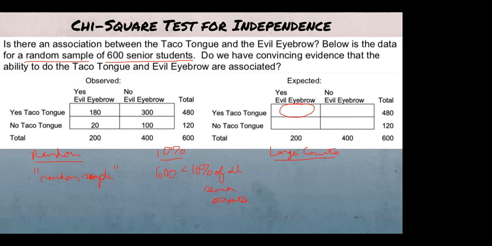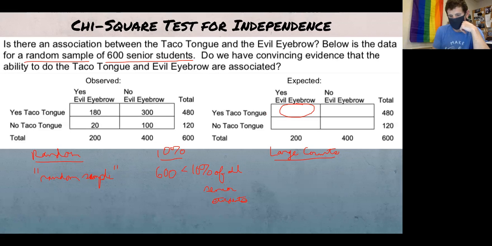Do you multiply 480 by 200 and then divide by 600? There it is. You take the row total and the column total, multiply those together and divide by the table total. So in this case, 480 times 200 divided by 600.